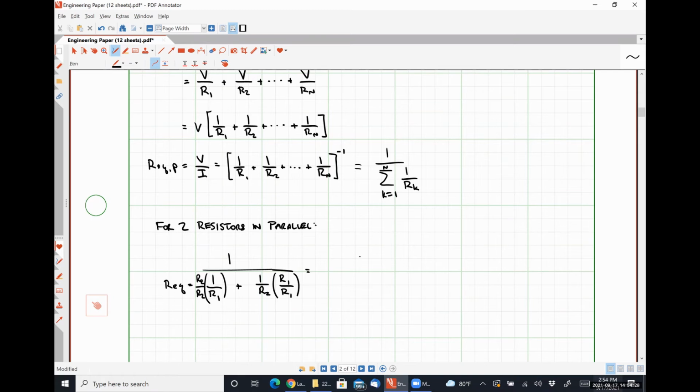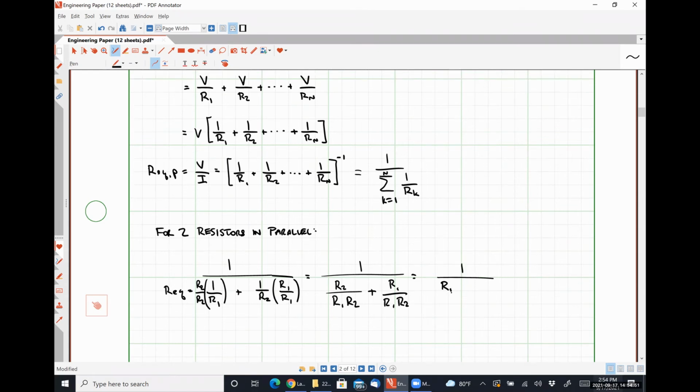And what that leaves me with is 1 divided by R2 plus R1 over R1 R2, which is the same as 1 over R1 plus R2 divided by R1 times R2, or R1 times R2 divided by R1 plus R2.